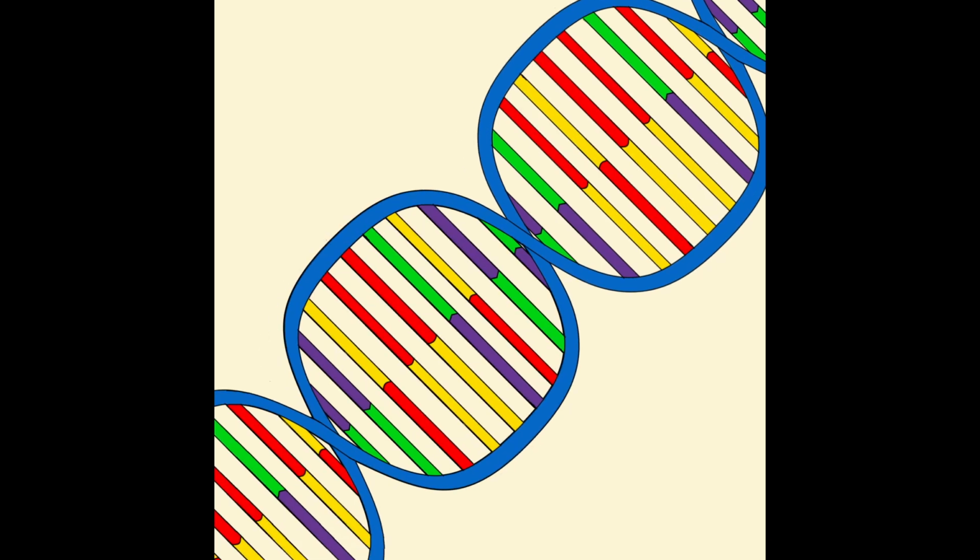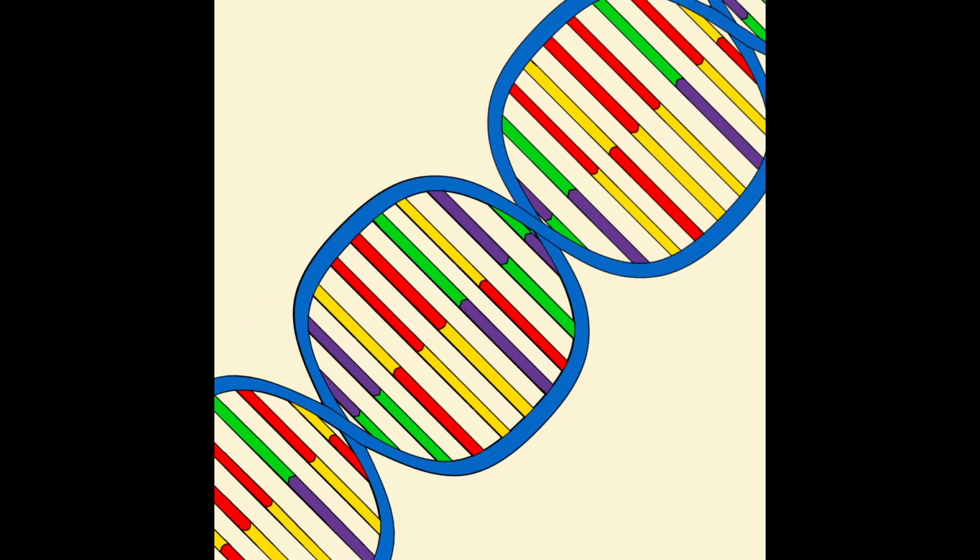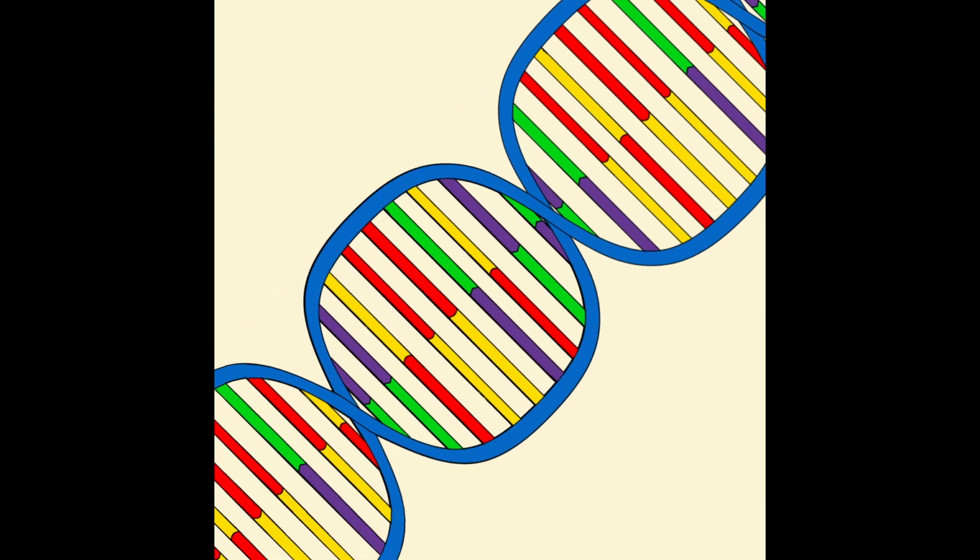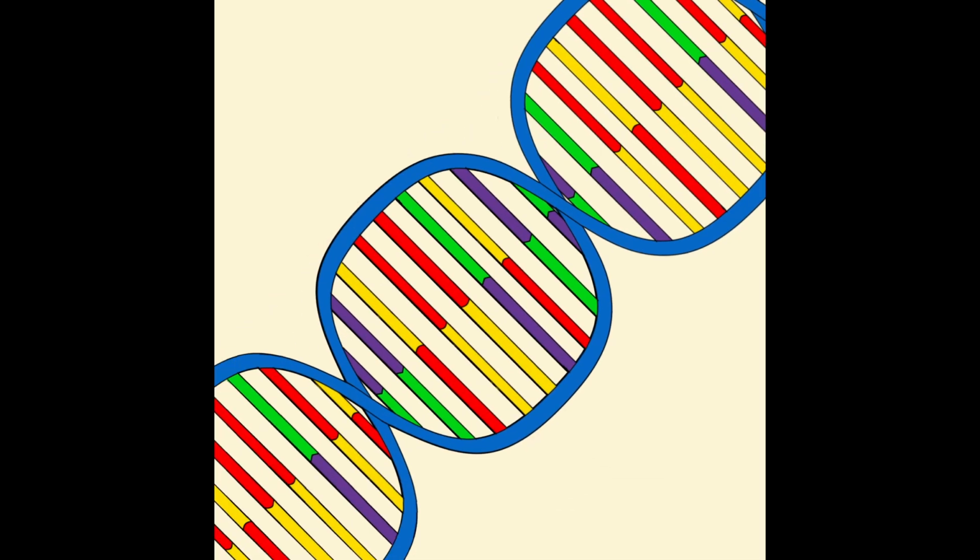Each brick reads one letter of the recipe, then you attach scissors so you can cut precisely where you've spelled your sequence. It's bulkier than ZFNs, but way more modular.